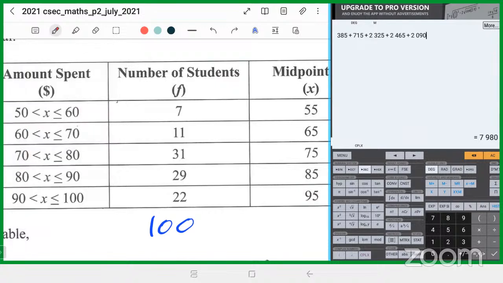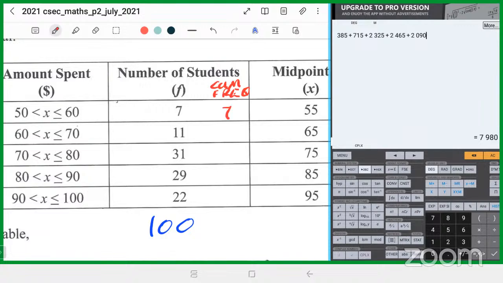You're counting the students. You want to find which group the 50th student is in. So we need a cumulative frequency. Cumulative frequency is counting up the students as you go from group to group. You want to see which group the 50th student is in. And the 50th student is the one who approximately spent the median amount.